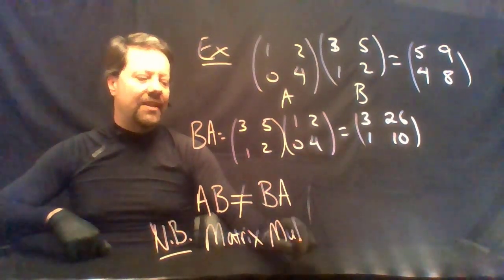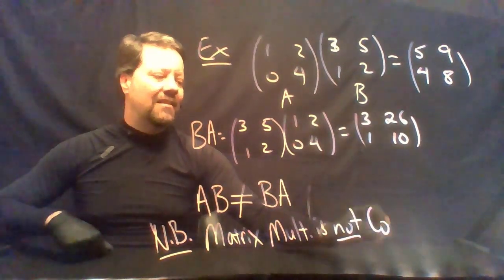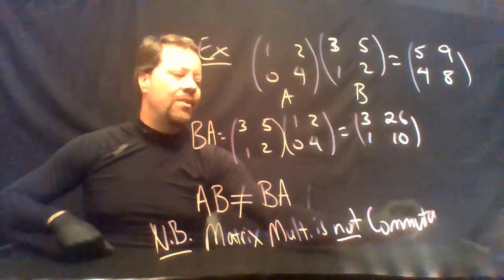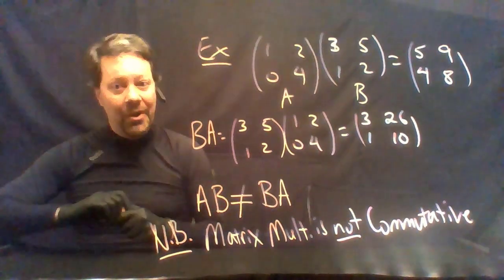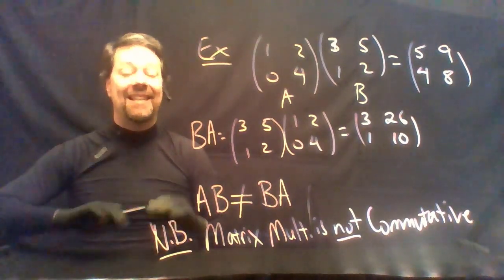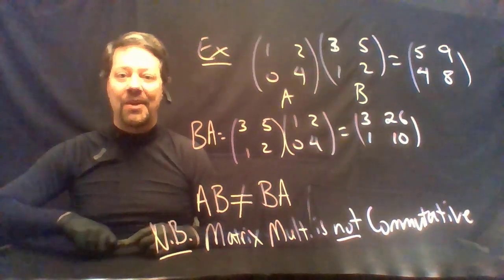Matrix multiplication is not commutative. There is no commutative law of matrix multiplication. It is not commutative, and that's the reason why this is the basis for so much quantum theory.